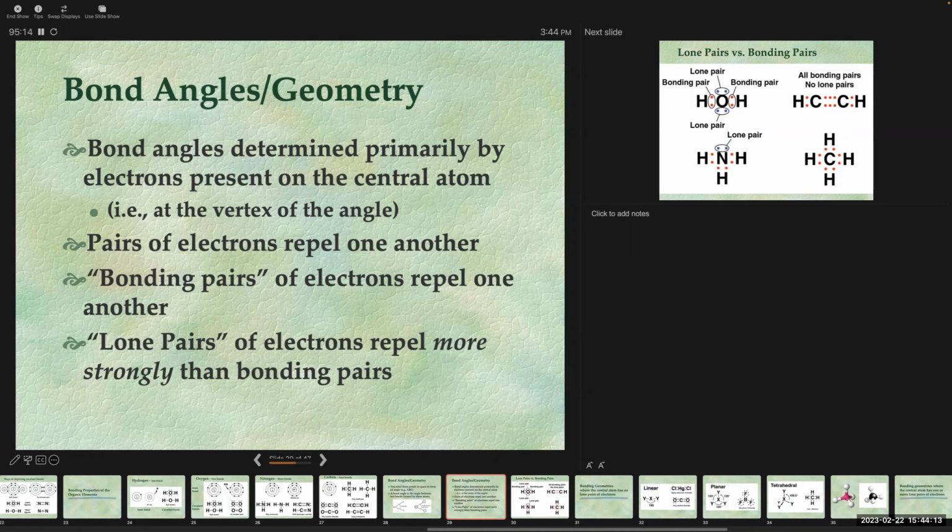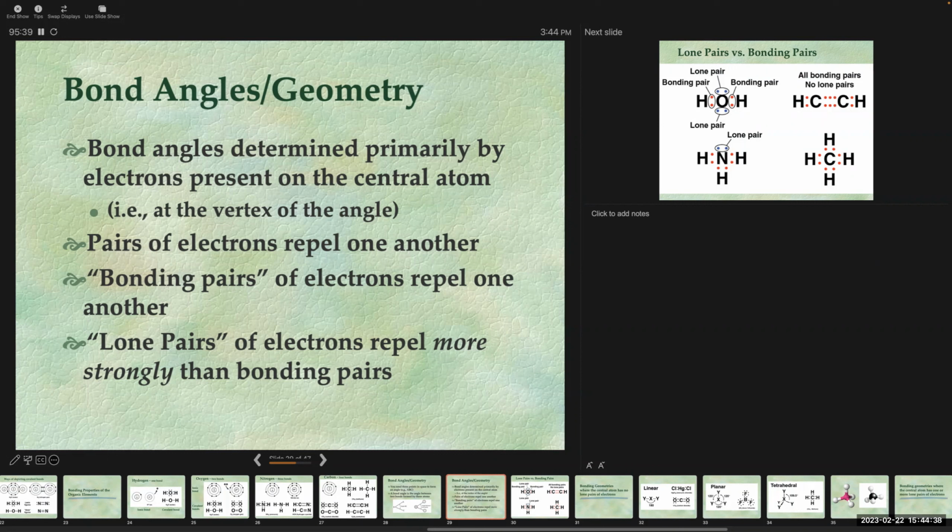So things that have opposite charges are attracted to one another. But the opposite is also true. Things that have identical charges push one another away. They repel one another. So when we're talking about the electrons that are arranged around an atom, the electrons tend to push one another apart.